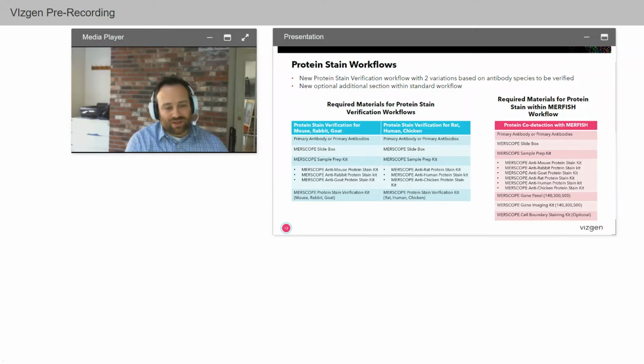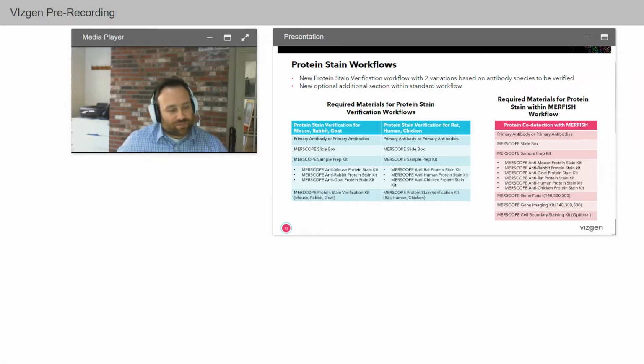Now, what I have on the screen here is what materials are required in order to move through those protocols. And so in the blue table, we have the materials that are required for the protein verification workflow. Here the researcher would be responsible for providing the primary antibody or antibodies. You would need your MERSCOPE slide box, which contains those slides where you can mount the tissue that you're going to do the testing on.